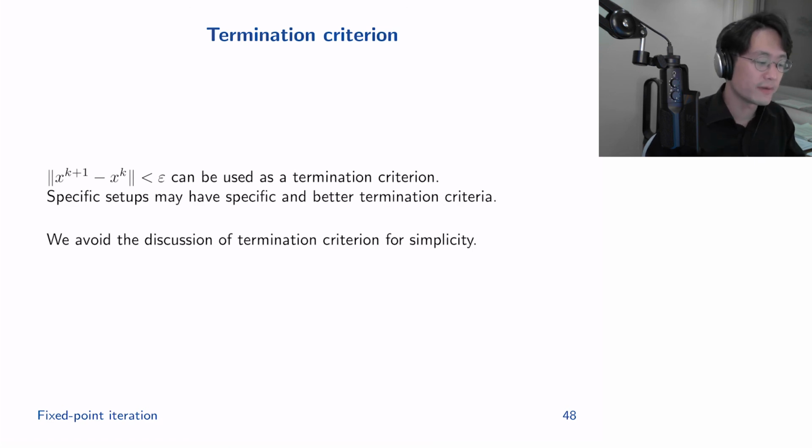To utilize the fixed point iteration in practice, it is absolutely essential that an appropriate termination criterion is chosen. So this is an important issue. However, for the purpose of simplicity in this class, we will avoid the discussion of termination criterion.